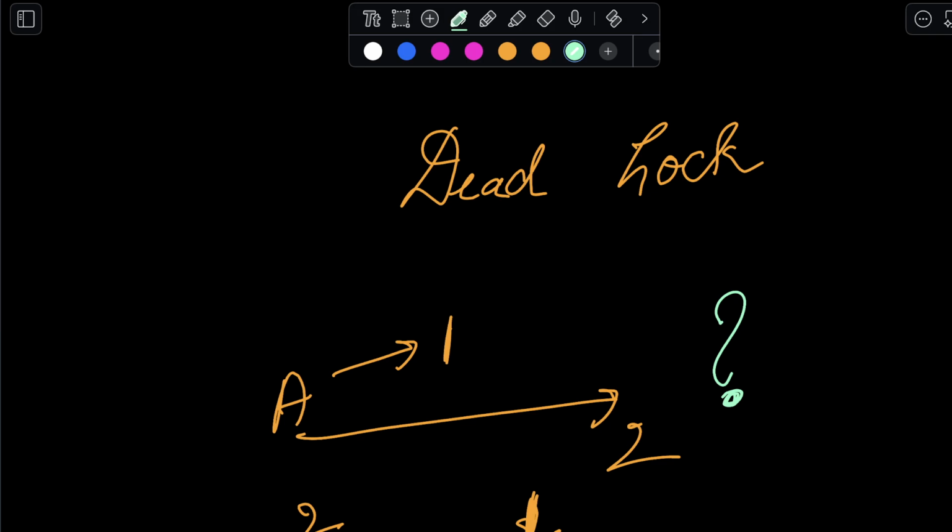Then what does a semaphore do then? What's a semaphore? What does it mean?